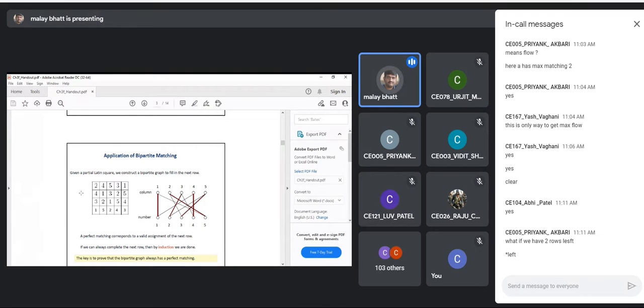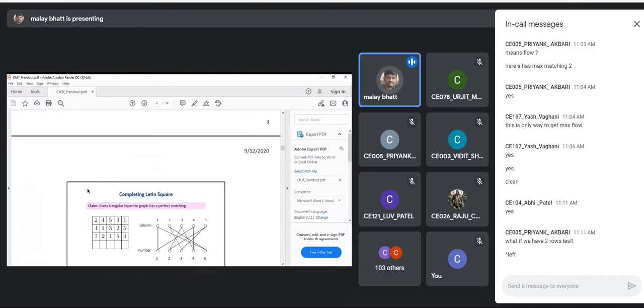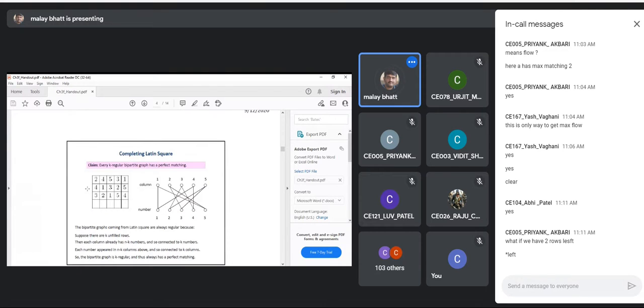So it is a 1-to-1 mapping, because it is the last row. Column 3 will match with 4, column 4 will match with 1, and column 5 will match with 2. Clear? So it will be directly 1-to-1 matching. You can directly put that value and you will get the complete Latin square. Clear?